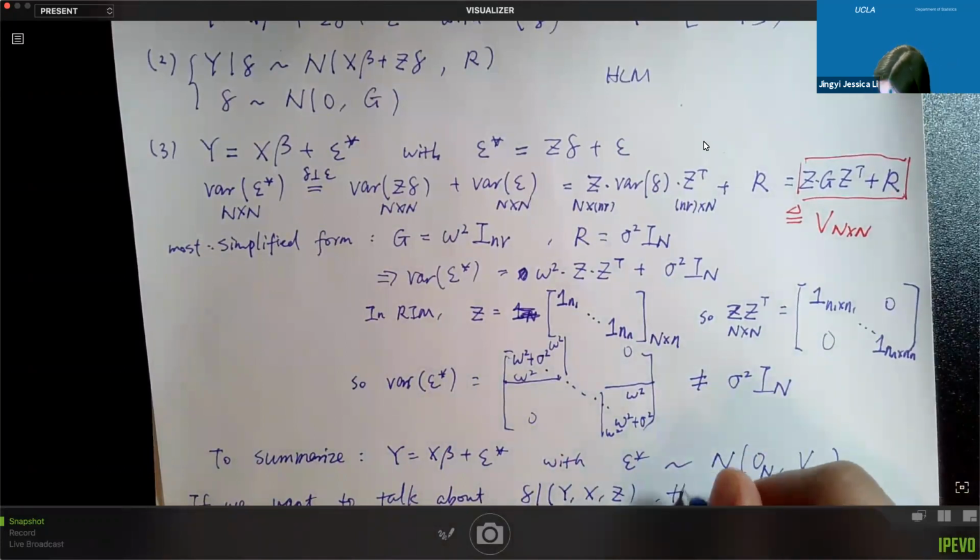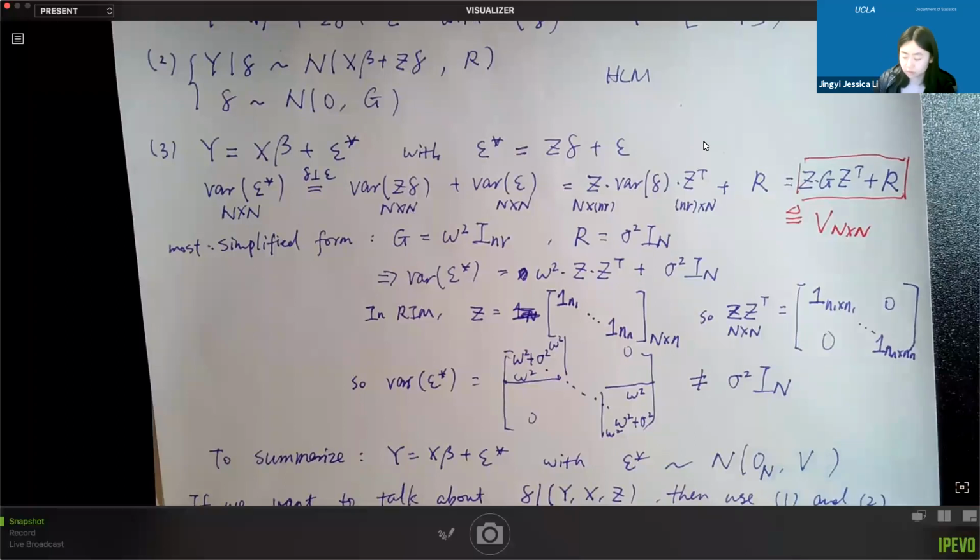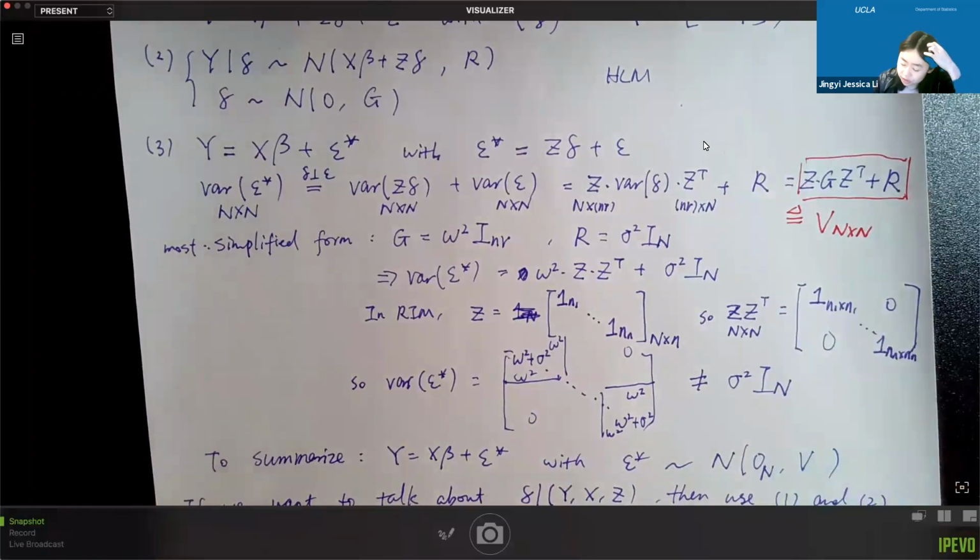Then use the first and second ways. But if we're only interested in beta, we could use the third way. Okay, do we have questions? Okay, if not, let's continue.